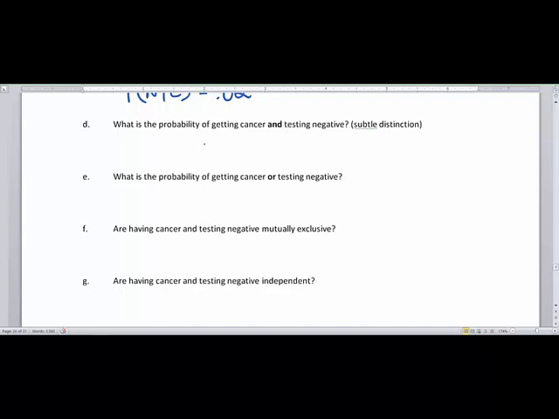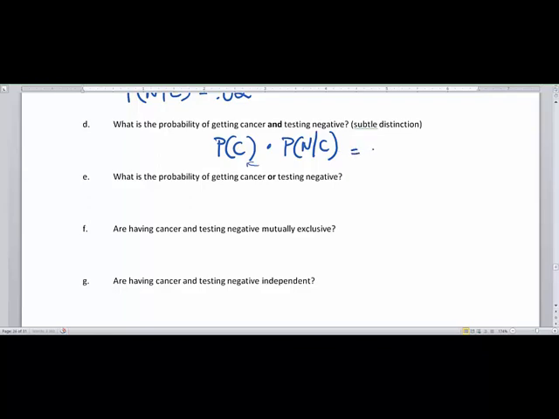The probability of getting cancer is P of C, and testing negative is a separate event, N. The reason we don't just do P of C times P of N is that you are testing negative while having the cancer. So this is P of C times P of N given C. If we hadn't done P of C first, then we wouldn't be multiplying by this.